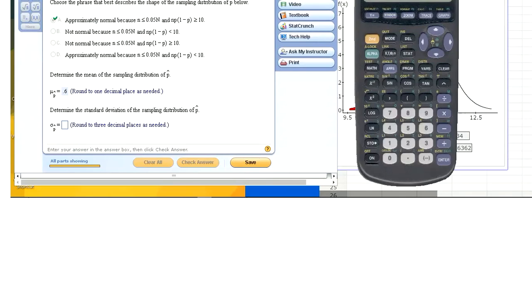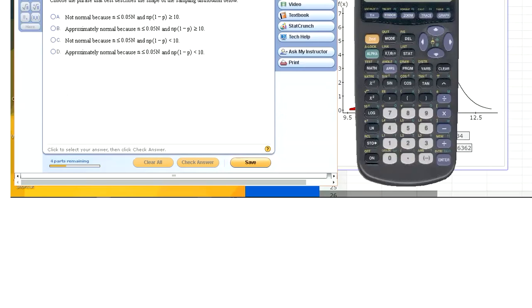So this is the formula to find the standard deviation for the sampling distribution of p hat: the square root of the fraction p times 1 minus p divided by n. Okay, so let's type it in. 0.017 to 3 decimal places. And with that, oh, we aren't asked for probabilities.